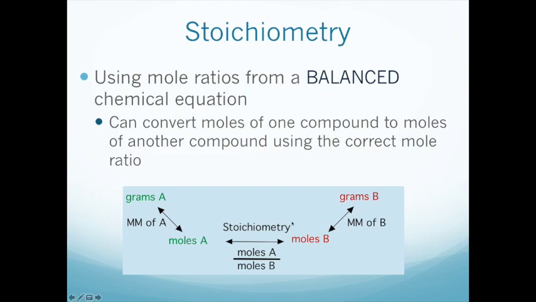And then based on your chemical equation, you should be able to find out from the stoichiometry, or the coefficients in the reaction equation, how many moles of A correspond to how many moles of B. Once you've figured out how many moles of B you need, you can use the molar mass of B to figure out how many grams of B you have. Moles of B per moles of A is known as the mole-to-mole factor.